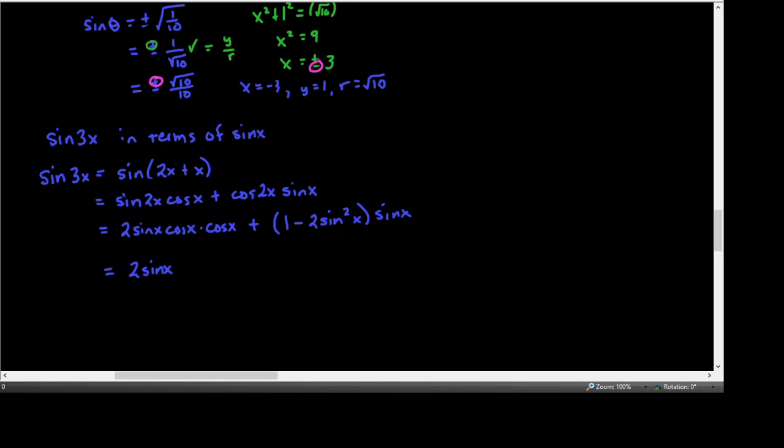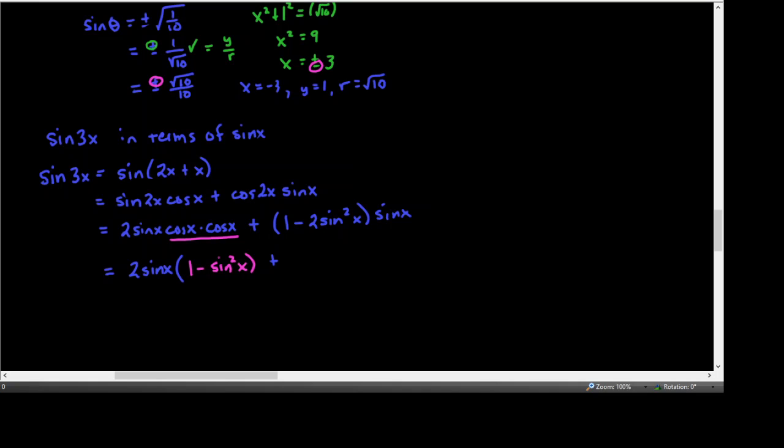Without taking an extra step to write it, that's cosine squared x right there. And I'm going to use an alternative form of the Pythagorean identity. Cosine squared, which is what these two things become, is the same thing as 1 minus sine squared of x. That's that alternative form. Like I was saying earlier, you really need to know those.